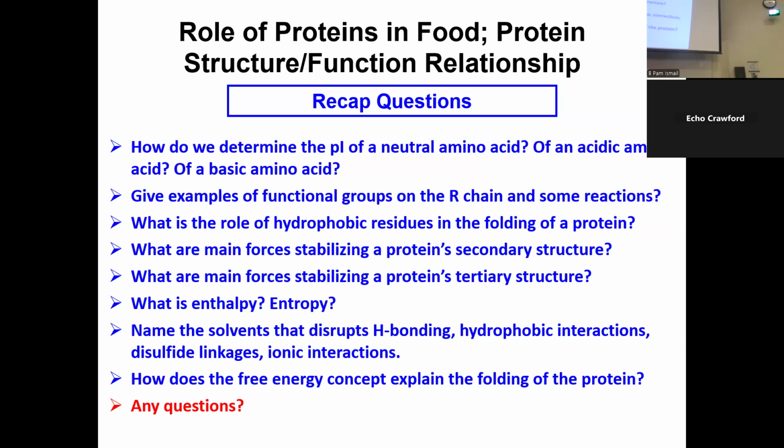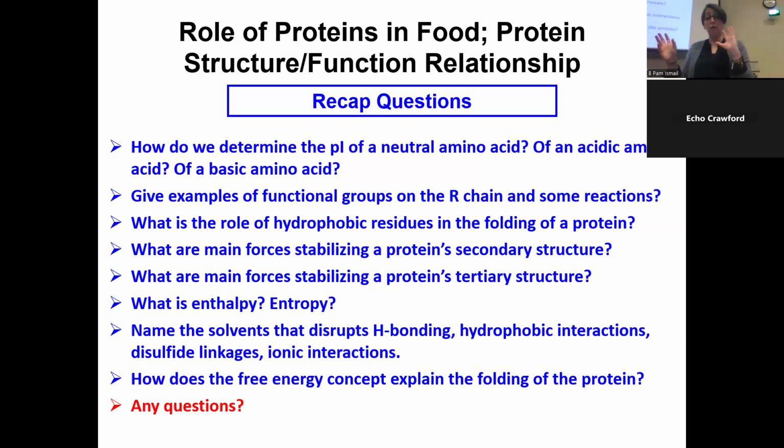Disulfide bond is one of them, but there are others: electrostatic. Disulfide bonds are the only covalent bond that stabilizes tertiary structure. Other than covalent, we have electrostatic, hydrogen bonding, hydrophobic interactions, van der Waals. Although they're weak, they're adequate. So all sorts of non-covalent interactions contribute to the stability.